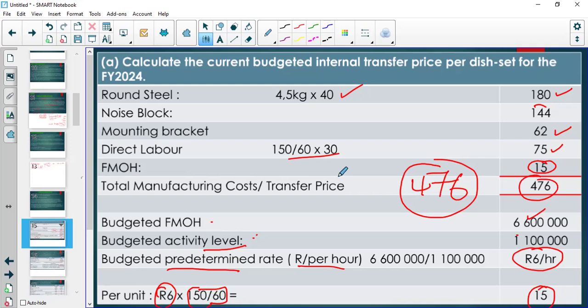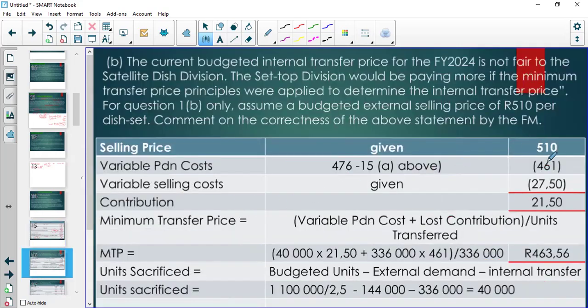And I said to you, I prefer to use the term incremental, but in most cases, they're going to overlap perfectly. So I'm going to subtract 476 minus 15. Right? Then everything here is going to be my variable costs of production. So the cost of production I have is 461.